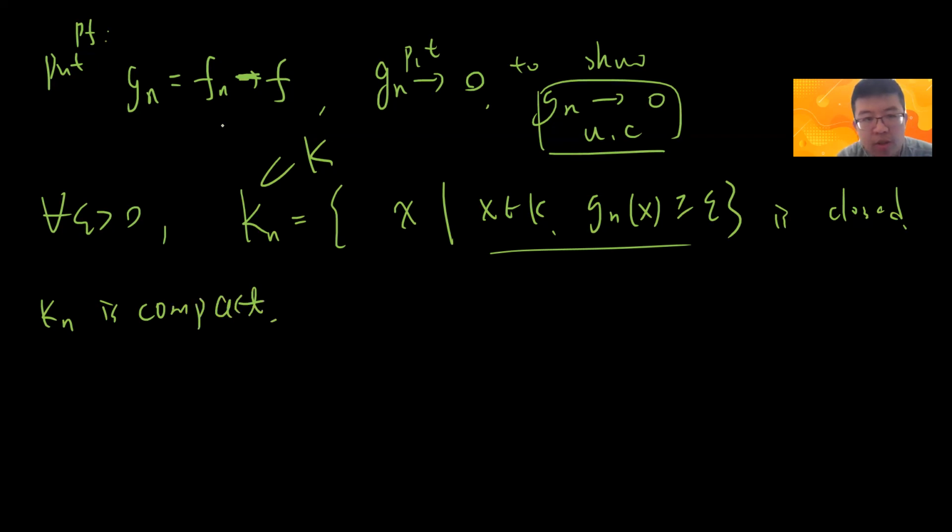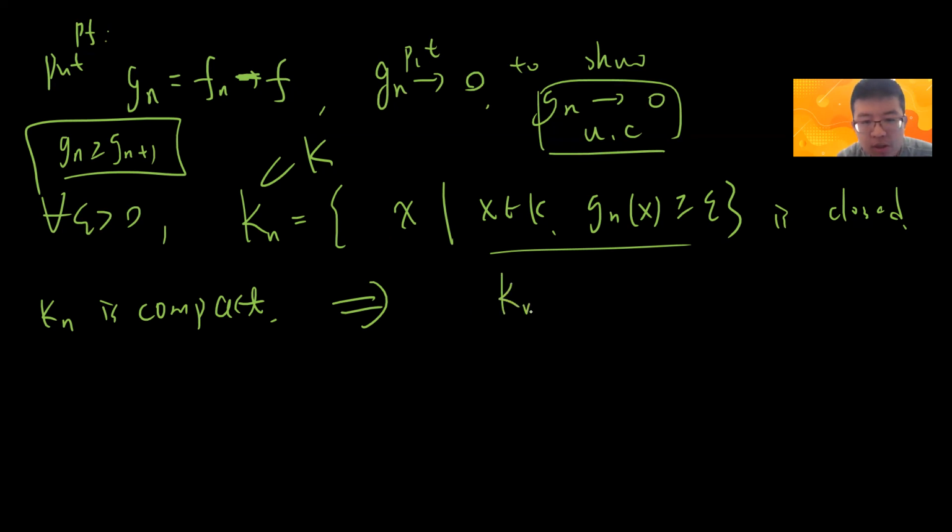And by the assumption, I know that Gn is greater or equal to Gn plus 1. So this tells me that Kn contains Kn plus 1. Okay, and keep going.